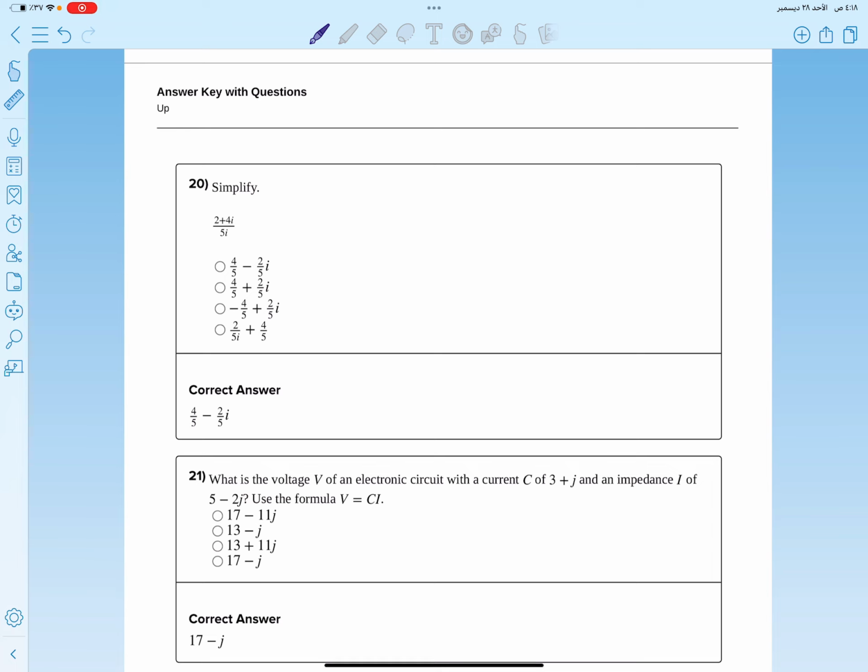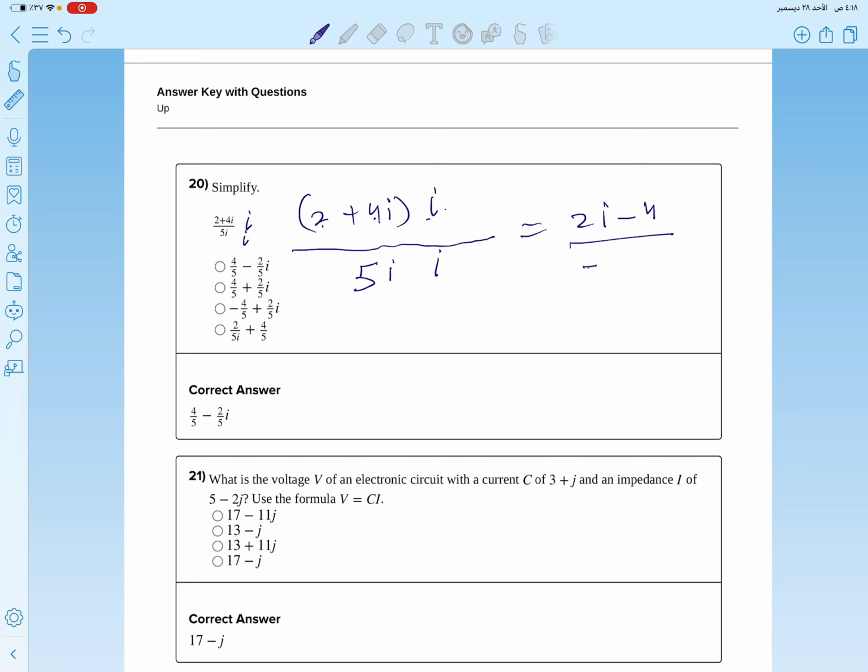Number 20, simplify this. Look, I have just i in the denominator, so I need to multiply by i both the numerator and denominator, so it's going to be (2 plus 4i) times i over 5i times i. Now 2 times i is 2i, 4i times i is going to be negative 4, because i squared is negative, over negative 5, because i times i squared.